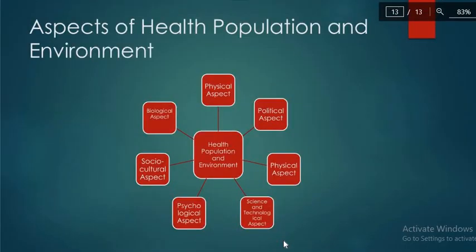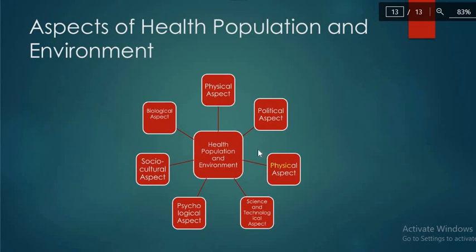So health, population and environment have seven aspects: physical, political, economic. This is economic, this is not physical.